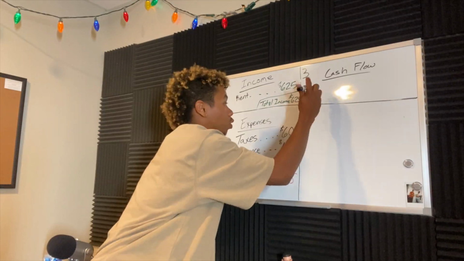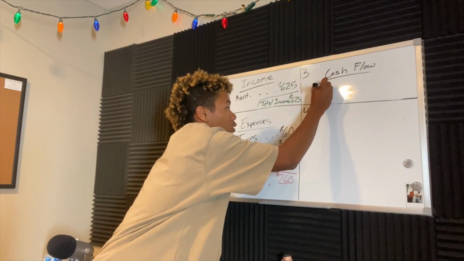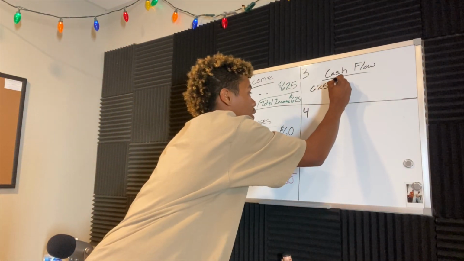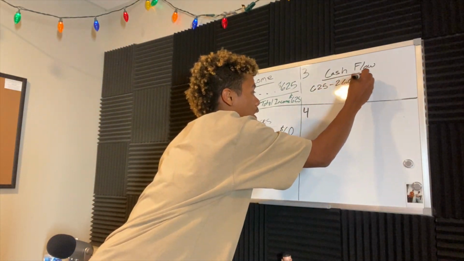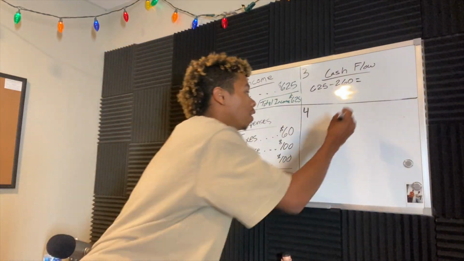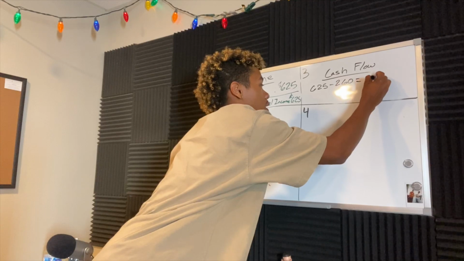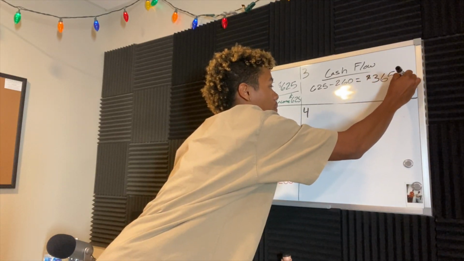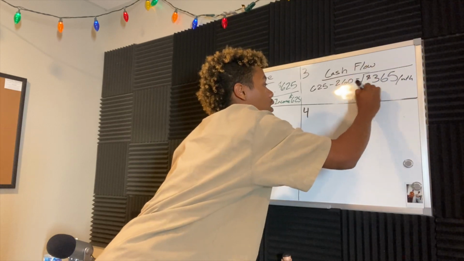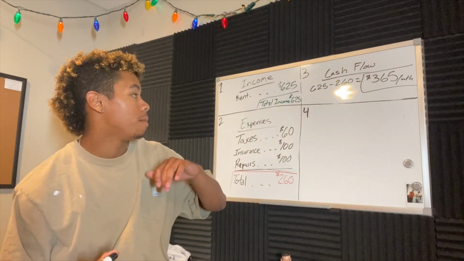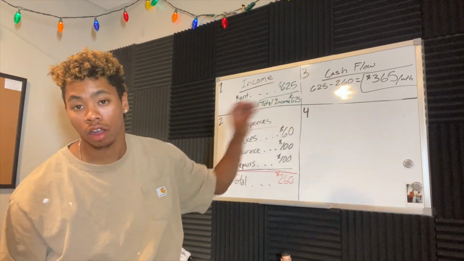Let's take 625 minus our 260 down here, and that gives us a total monthly cash flow of $365 per month. Pretty easy, but that will help us when we calculate our ROI.